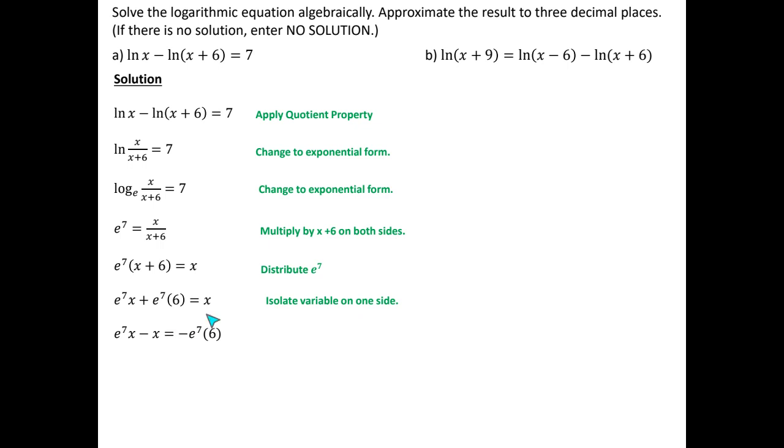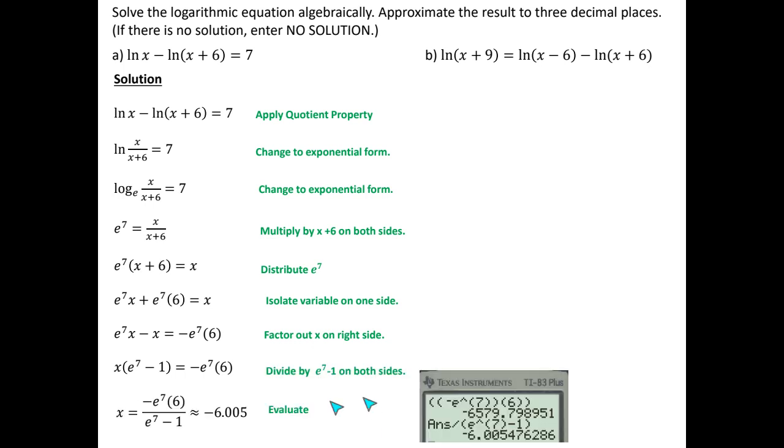I'm going to subtract the x, and I'm going to subtract e to the 7 times 6 to the right. Now notice that they have an x in common here, so I can factor out an x. And I end up with x times e to the 7 minus 1. Since I'm trying to solve for x, I'm going to divide by e to the 7th minus 1 on both sides. And then I'm going to enter that in my calculator.